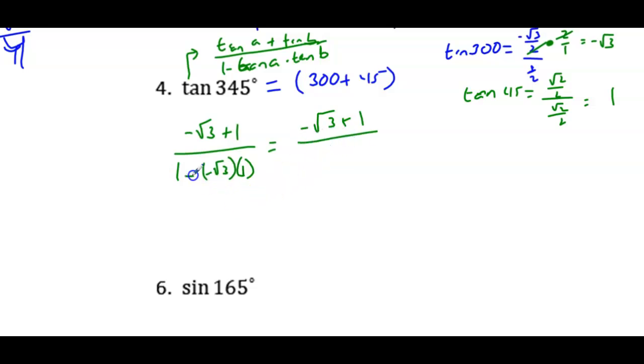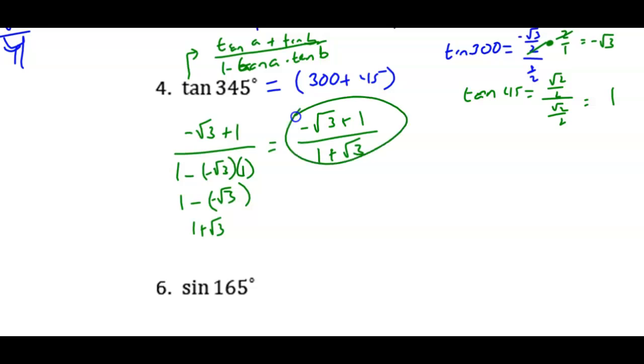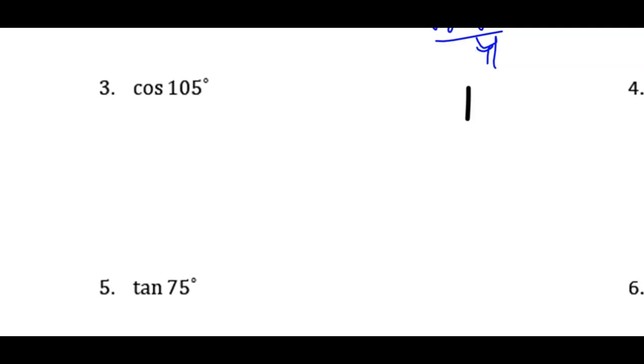But right here, the 1 times this is 1 minus negative radical 3, right? 1 times negative radical 3 is negative radical 3, but negative times a negative is a positive. So you have 1 plus radical 3. And there we go.